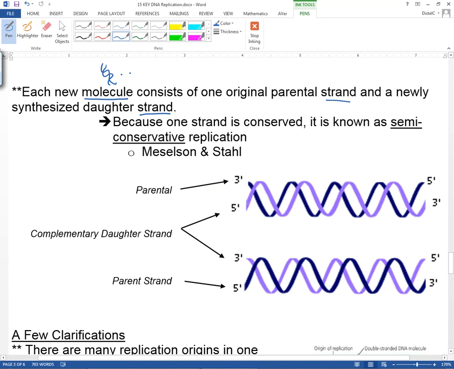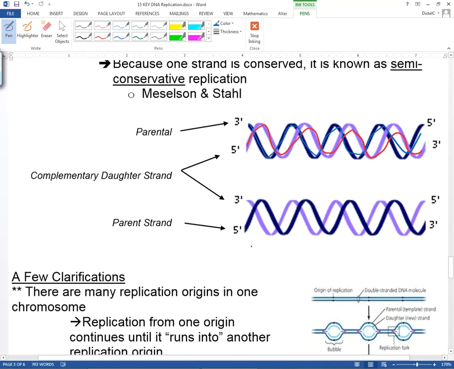That your daughter strand would contain, so these are the daughter strands, would contain one old and one new. If we thought about this like what we did in our notes, the parental strand we had as blue, and then we drew new DNA in as red. So it would be like tracing over this with that blue and red. Sorry for the purple. Didn't mean to confuse you there. Okay, so that's semi-conservative replication.